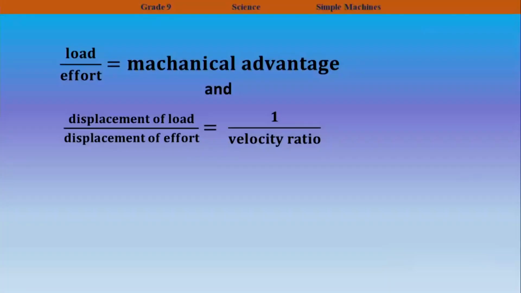Displacement of load divided by displacement of effort is not much familiar, but you studied displacement of effort divided by displacement of load. That was velocity ratio. This is opposite, upside down. Displacement of load divided by displacement of effort is 1 over velocity ratio.